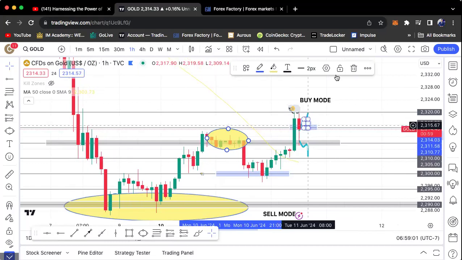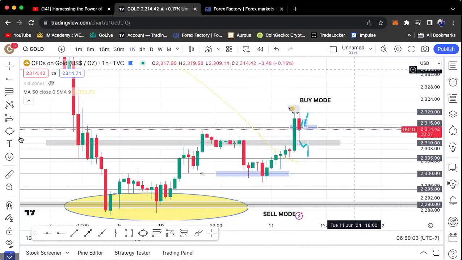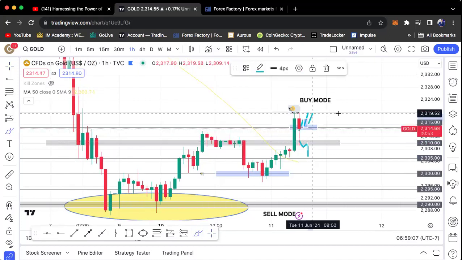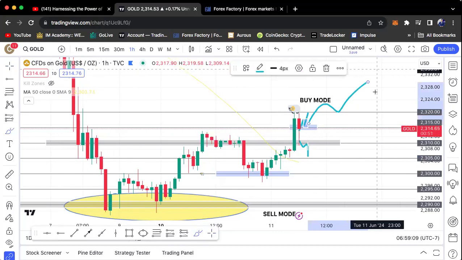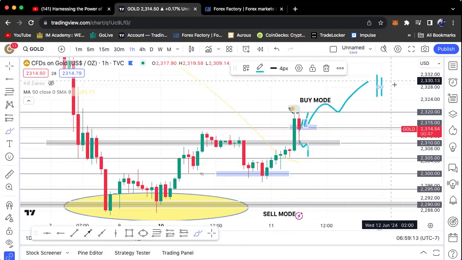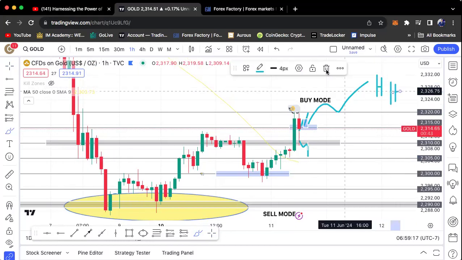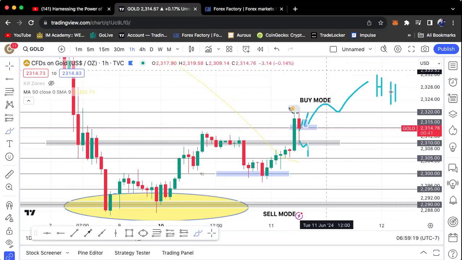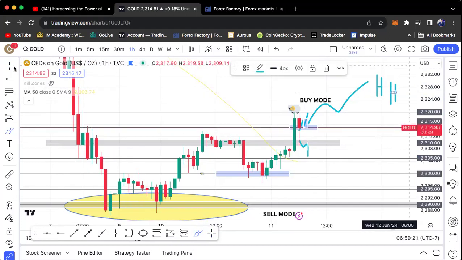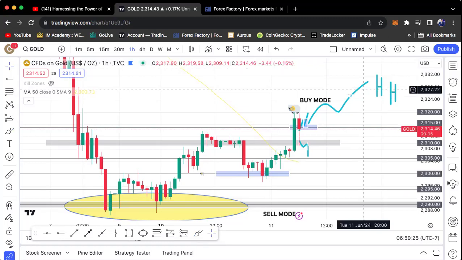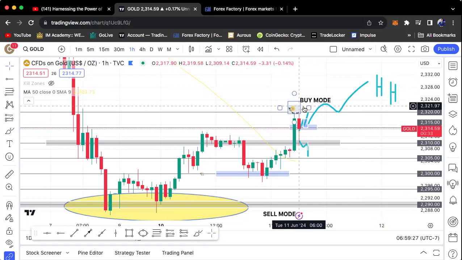That's why I'm waiting for the next break of structure, because we could see price pushing to the upside and creating a new higher high. You can see a new higher high forming here. That's why I'm waiting for the next break of structure.